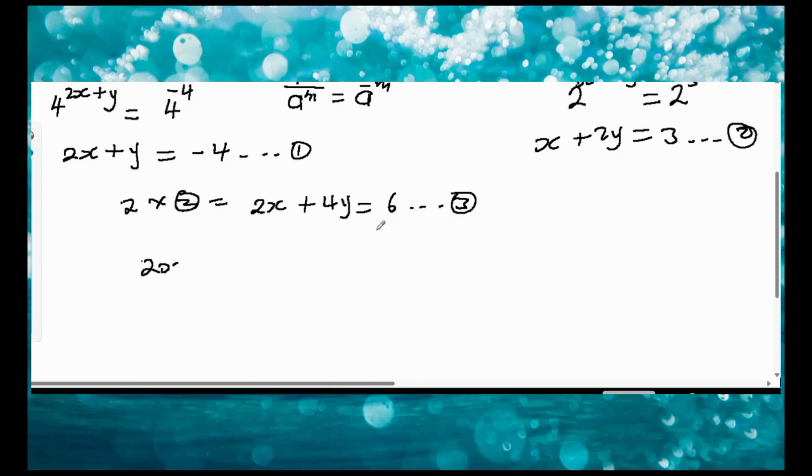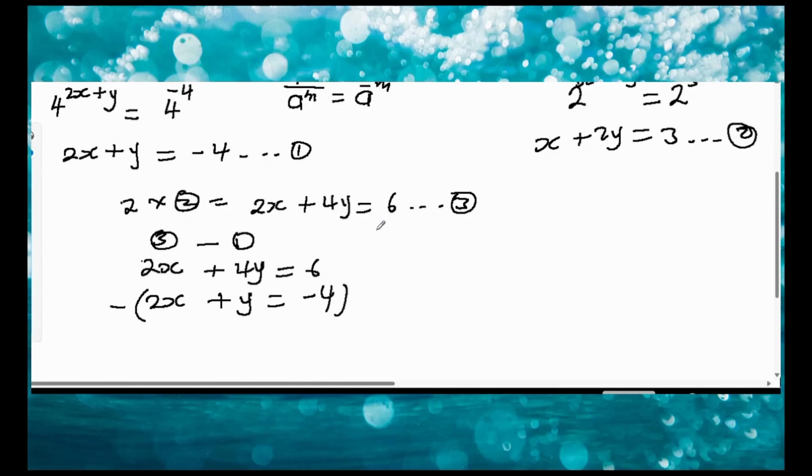So we have 2x plus 4y equal to 6. Then equation 1, 2x plus y equal to minus 4. We're going to subtract the whole of this from equation 3.